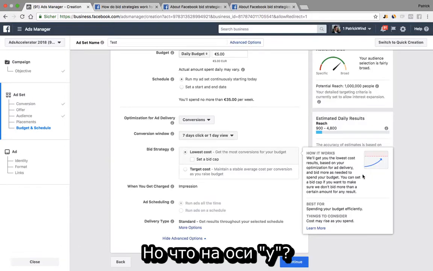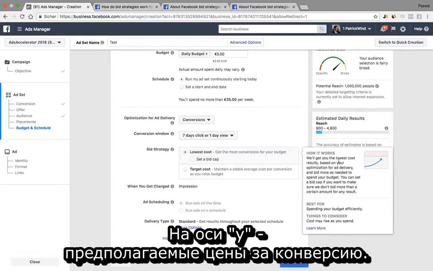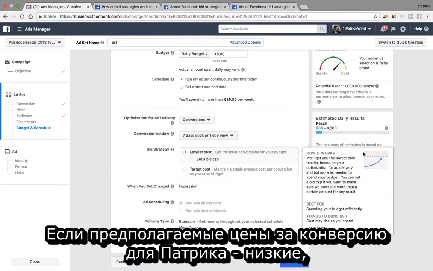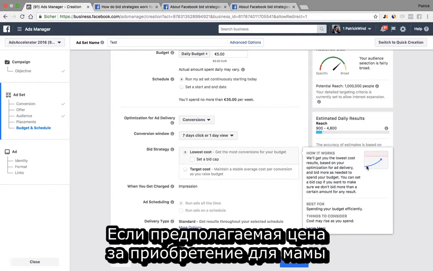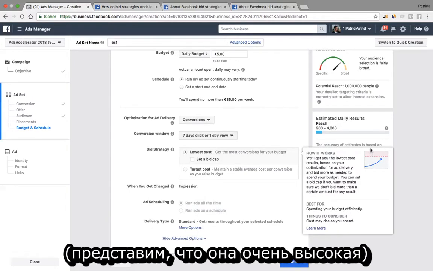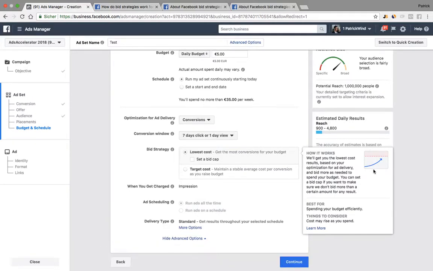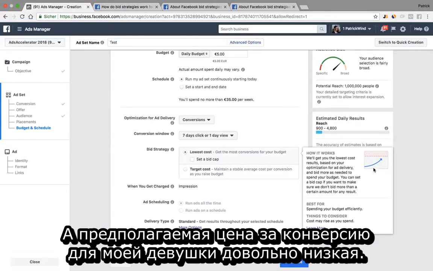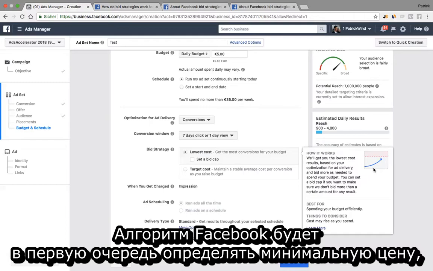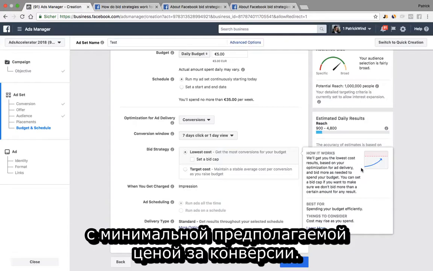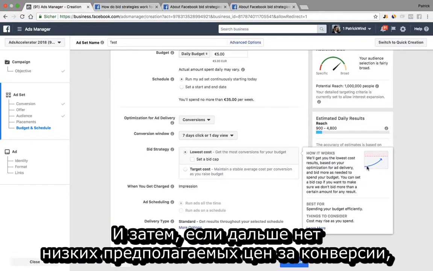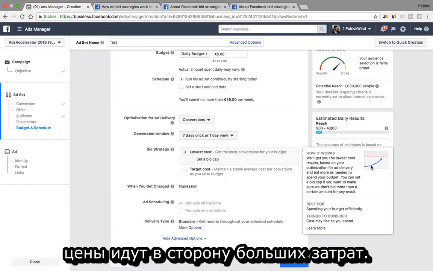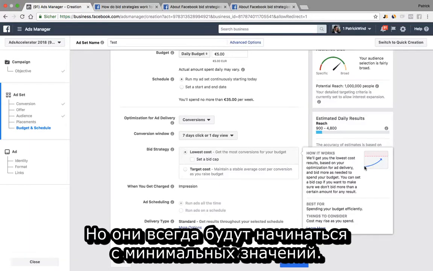Okay, that's good. But what's the y-axis? The y-axis is the estimated cost per conversion. So if the estimated cost per conversion for Patrick is low, it would be here. If the estimated cost per acquisition for my mom, let's imagine, is very high, it would be somewhere over here. The Facebook algorithm would first go for the ones with the lowest estimated cost per conversion, and only when there are not any more very low cost per conversion estimations, then it would go for the more expensive ones, but it would always start with the lowest ones.